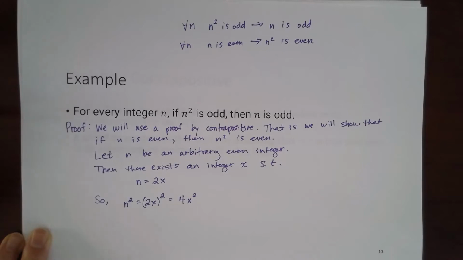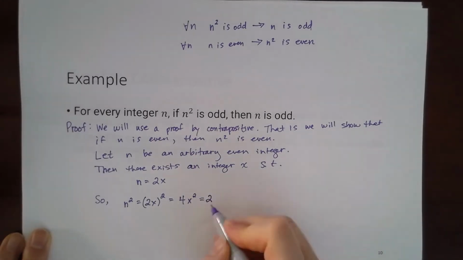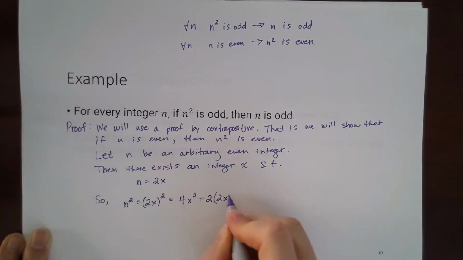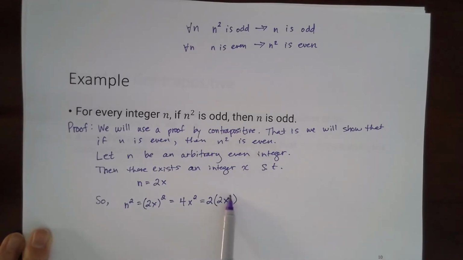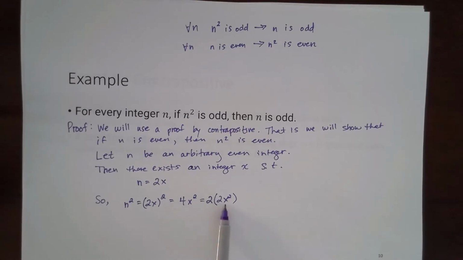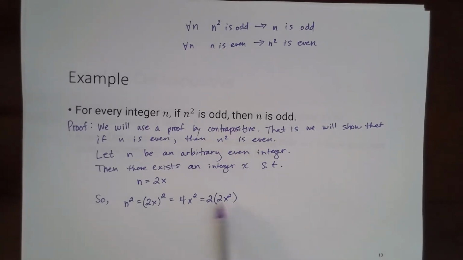Yeah, so if we factor a 2 out of this, then we'll just have 2x squared left. Once we've written it as a multiple of 2, all we need to do now is show that whatever we're multiplying by 2 is actually an integer. So is 2x squared an integer? Yeah, it's got to be, because only multiplication is involved, 2 and the integer x and the integer x.